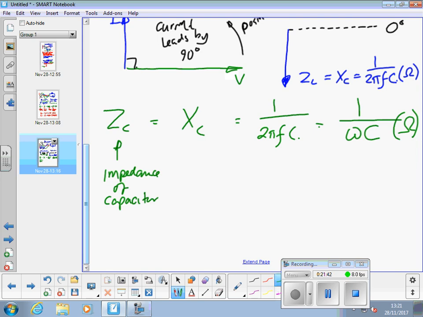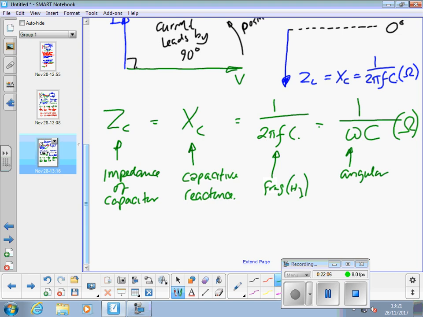Impedance of the capacitor is equal to the capacitive reactance, there's the frequency in hertz, and there is the angular frequency in radians per second, to make it complete like we did on the other page.